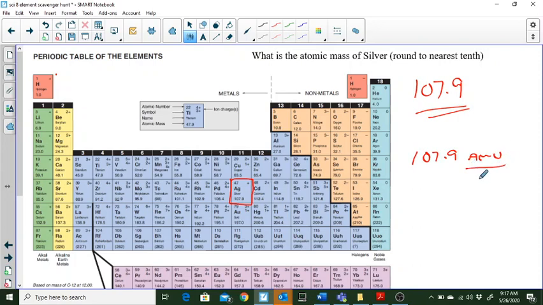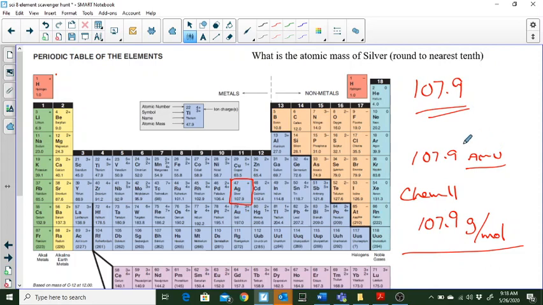AMU, atomic mass units. Other times, if you come to Chem 11, we'll talk about the atomic mass of silver as being 107.9, and we'll use the units grams per mole. And you don't need to worry so much about what these are, but just recognize that with the same number, there can be alternate units.